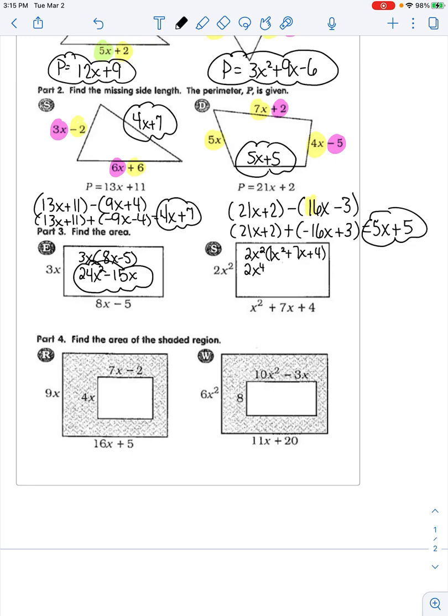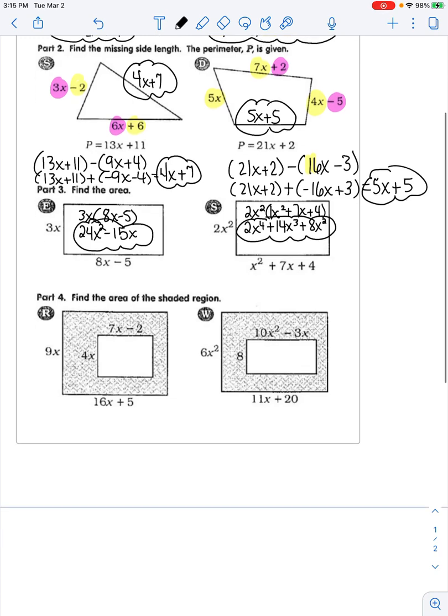Remember, we add the exponents. 2x squared times 7x is going to be 14x to the 3rd, since x to the 2nd and x to the 1st is x to the 3rd. And 2x squared times 4 is going to give me 8x squared. So the area of this rectangle is 2x to the 4th plus 14x cubed plus 8x squared.